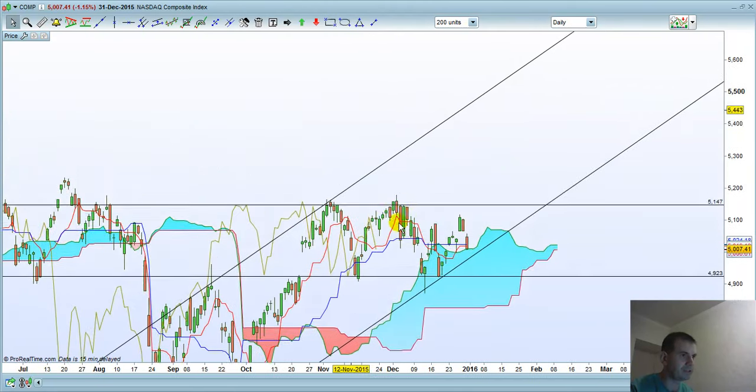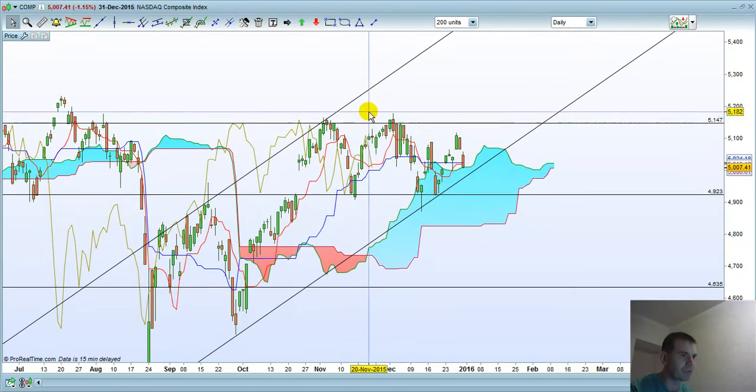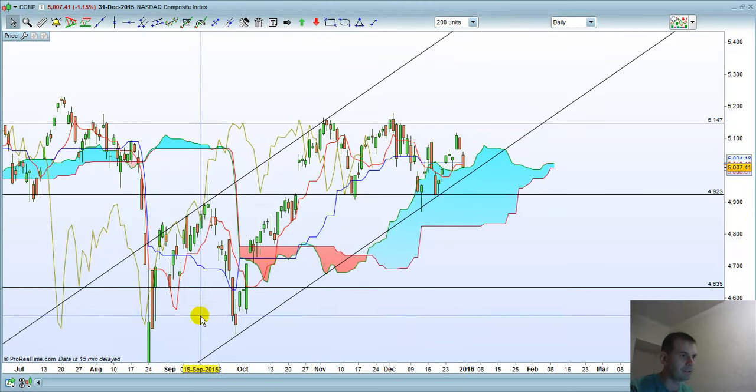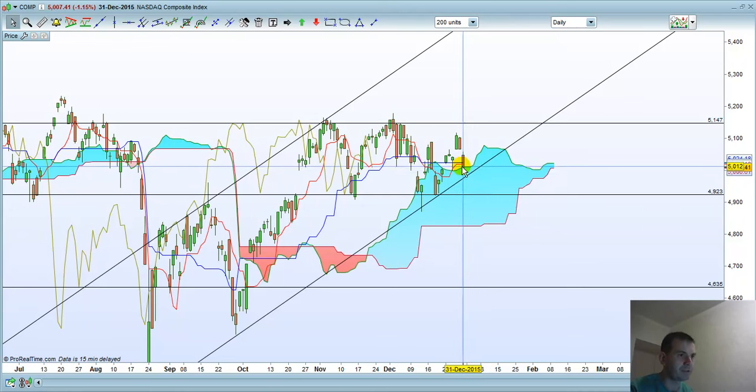The price is about maximum points, historical points of the chart, and the overall trend is upward, bullish, but the price declines now, and it came to the cloud.